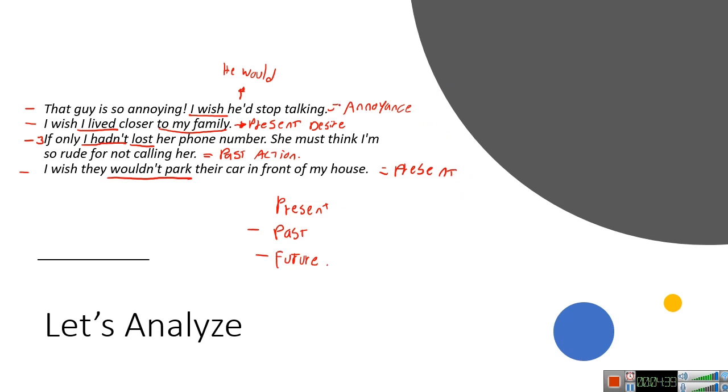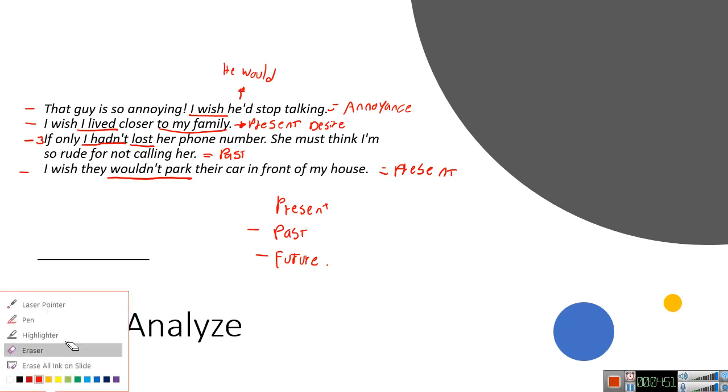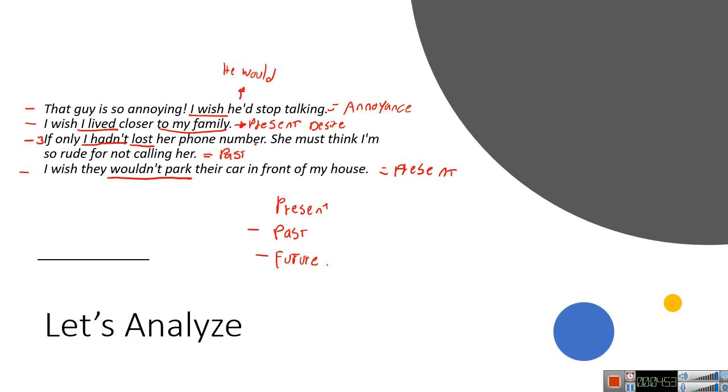So, yeah, this is an annoyance, a present desire. I was wrong here. I wrote past action, but I meant past desire. Because I cannot change that in the present. And this is a present desire because I still have it.